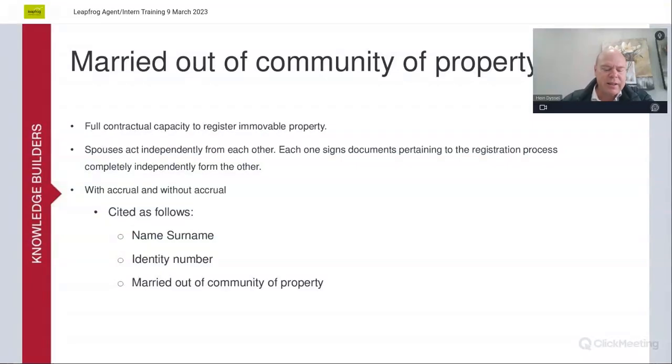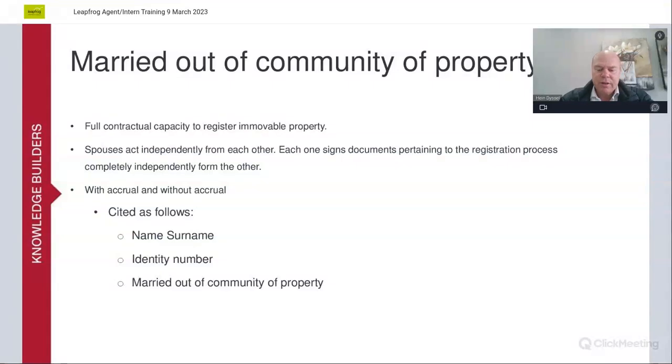So the spouses act independently from each other. Each one signs documents pertaining to the registration process, completely independent from one another. The one doesn't even have to know what the other one is doing with regards to property purchasing and selling. They're completely separate, with their own contractual capacity.